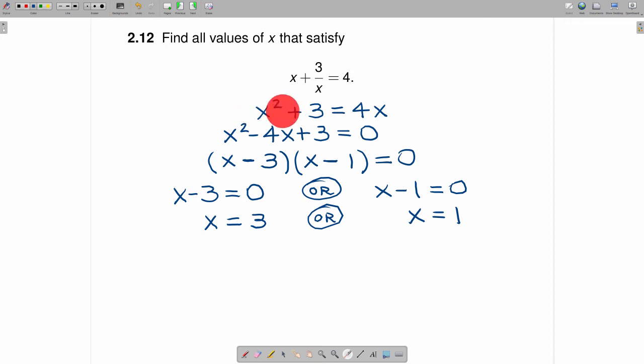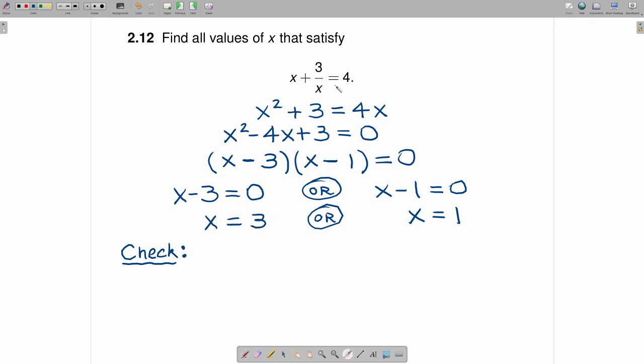But the fact that in the first step we multiplied both sides through by x, sometimes that can add an additional solution to the equation, which is not, in fact, a solution to the equation. So in this case, it is good to check both of these solutions. Start out by checking x equals 3, the first solution.